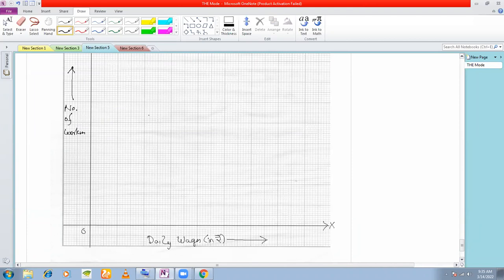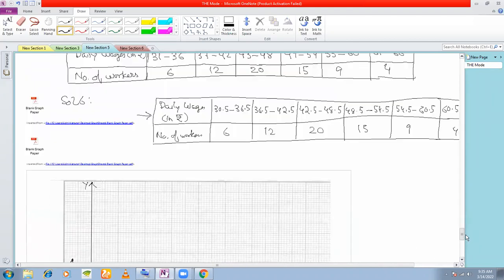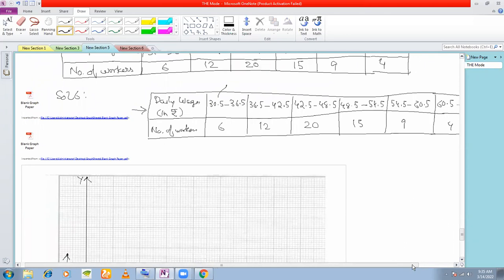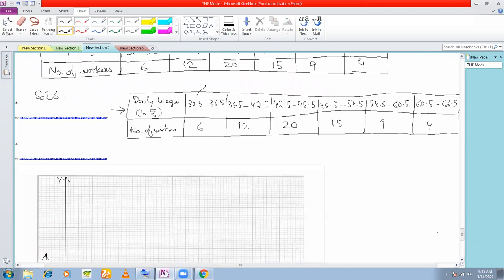Now we'll decide on the scale. Now see, daily wages along the x-axis starts with 30.5, right? And ends at 66.5. So how many intervals are there? From 30 to 35, you have one interval. So you have 6 intervals, right?